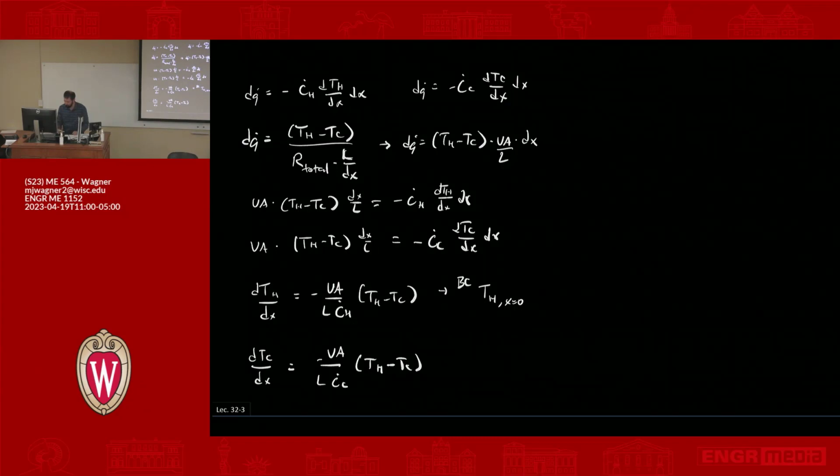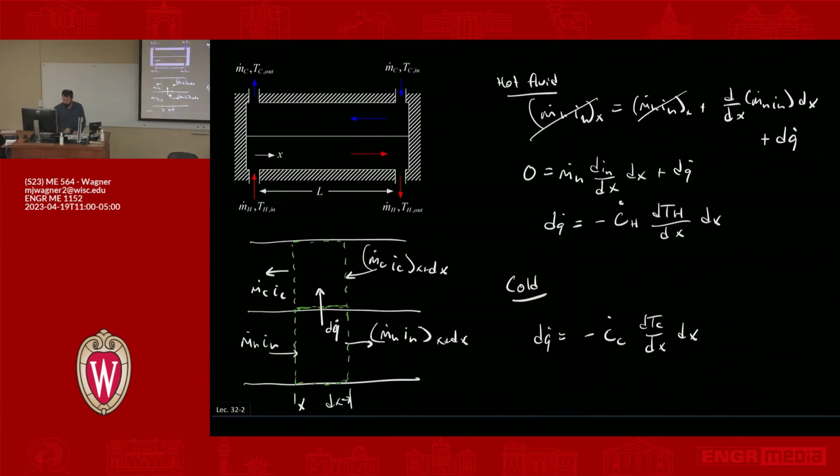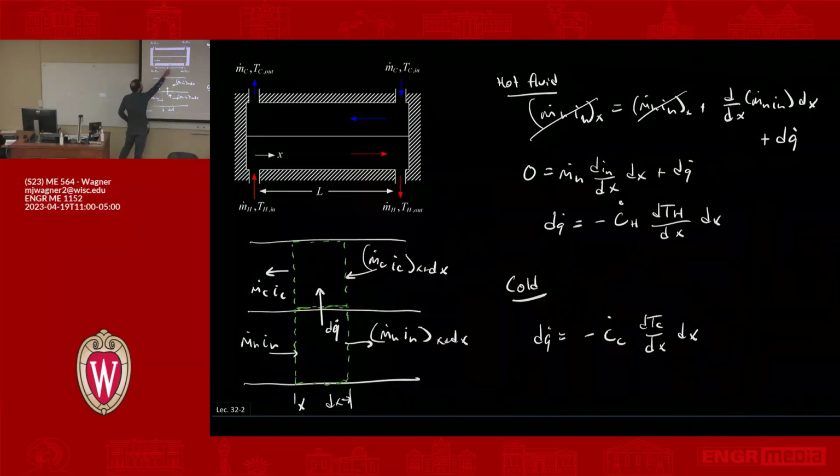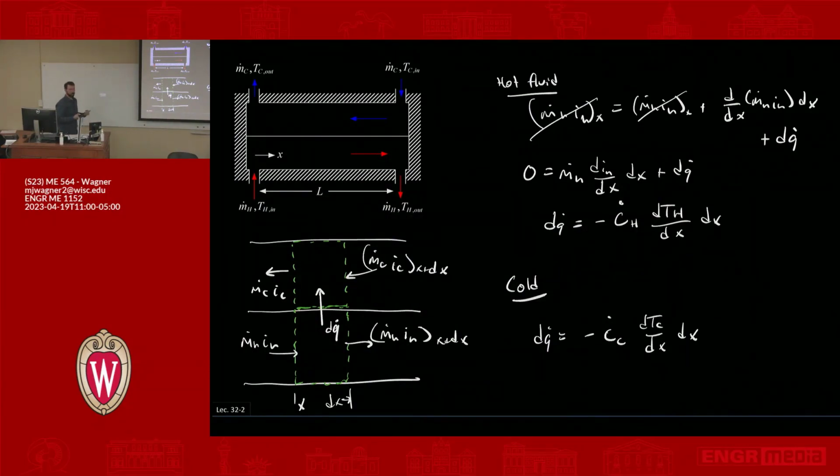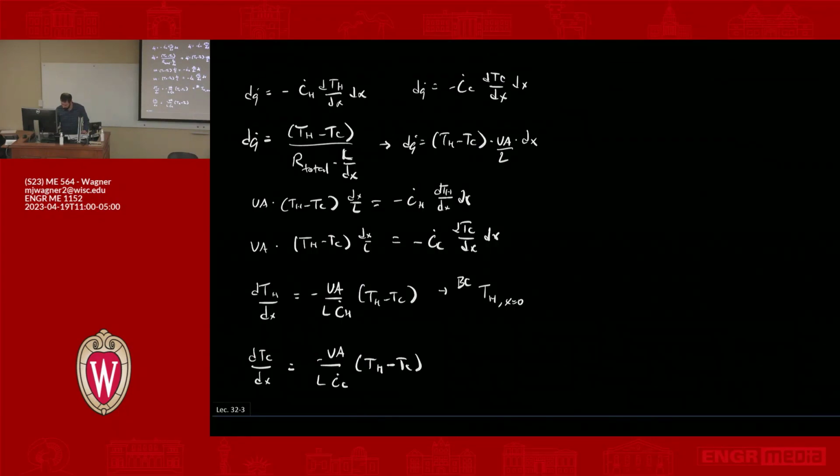I'm going to flip back here so we can look at it. Hot is coming in at x equals 0. Cold is coming in at x equals L. So considering that, at x equals 0, TH equals TH in. And then TC at x equals L is equal to TC in.